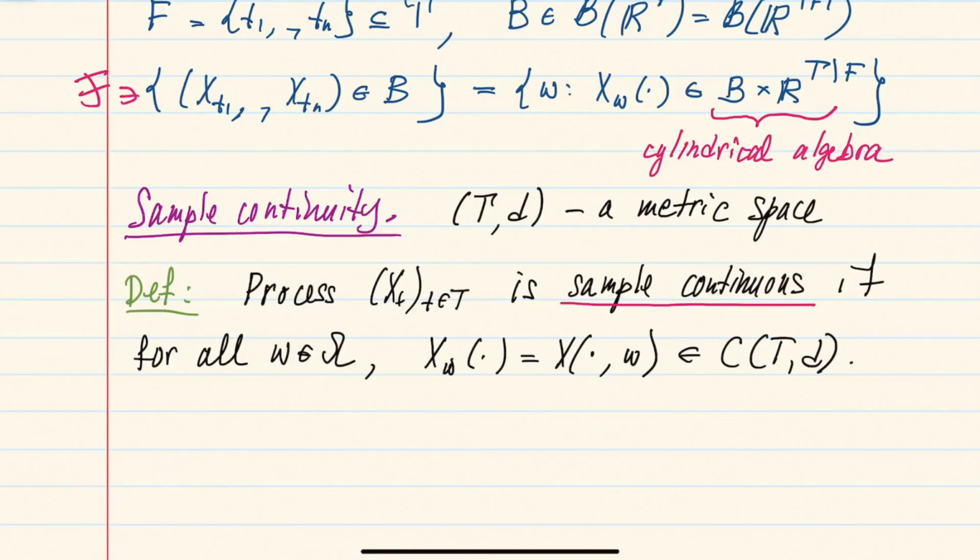Now let's give a related definition of a process continuous in probability. There is a weaker notion of continuity of a process when we say that a process X_t is continuous in probability.